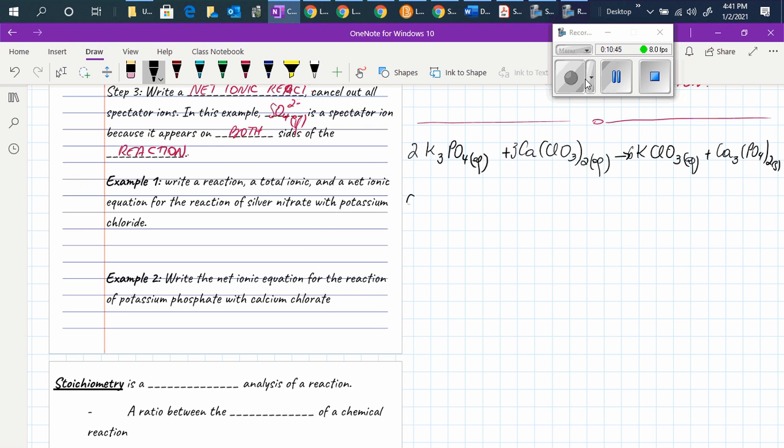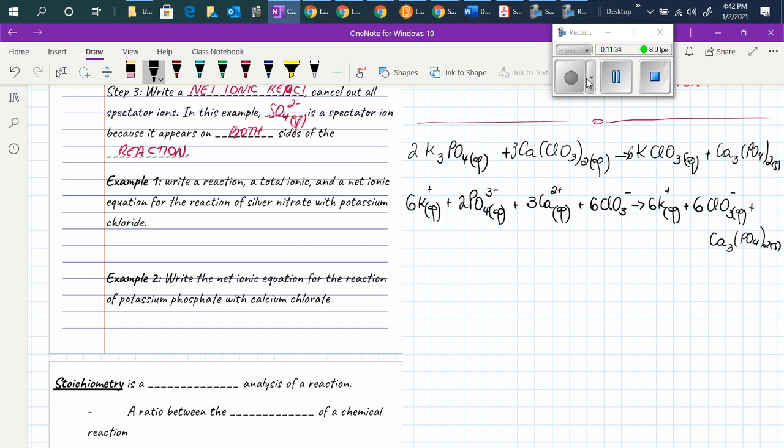So we will have 6K+ in aqueous plus 2PO4 3- in aqueous plus 3 calcium 2+ plus 6ClO3-, and then we'll have 6K+ plus 6 ClO3- and calcium phosphate solid.